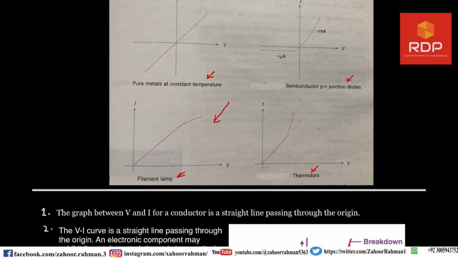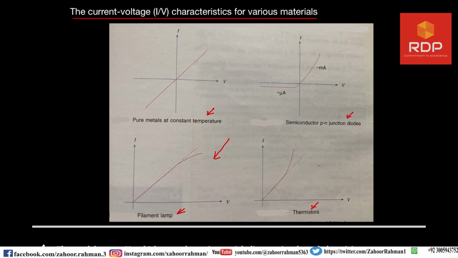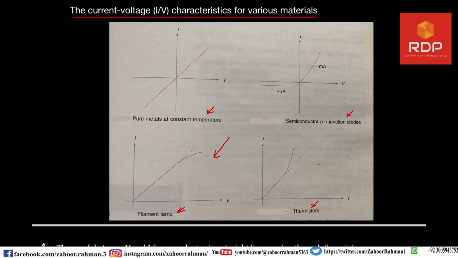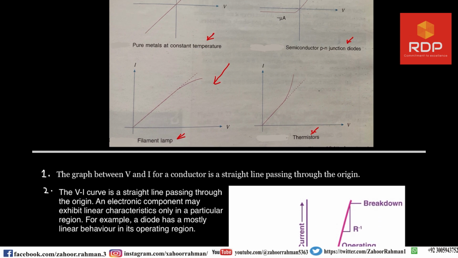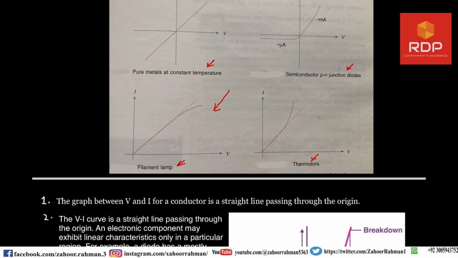So in the first graph, the graph between V and I for a conductor is a straight line passing through the origin, so it is a constant one. Now for the second part, we have written semiconductors.